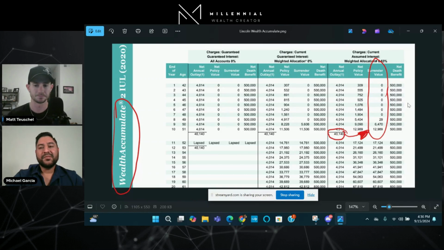Now, why wouldn't an agent do that? Let's talk about two things. If you want to use IUL correctly, your agent has to do two things, but they won't, right? The first thing is they need to use a term rider or a term blend. What this does is it cuts a lot of the costs out of the policy because that's a non-commissionable term rider.